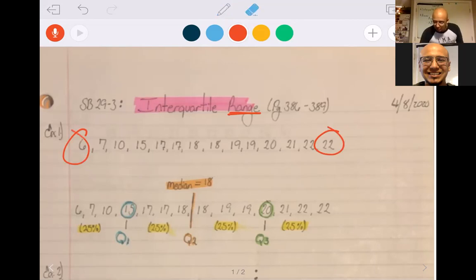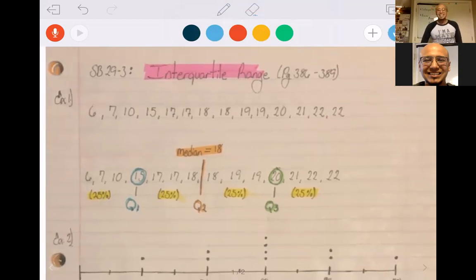Now, not only are we going to be working with range, but we're also going to be using the concept of a median. And in fact, anytime we're working with interquartile range, the first thing we want to do is find the median. All right, now if you remember, the median is simply the value or values that are going to be in the middle.